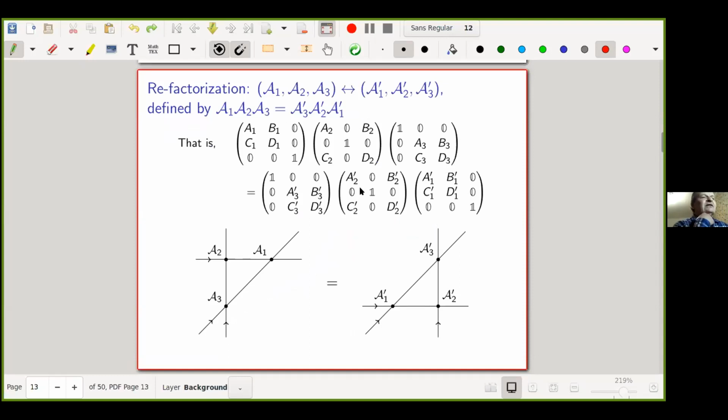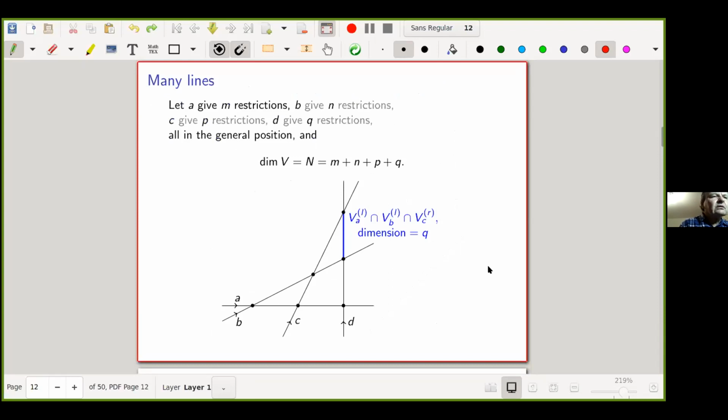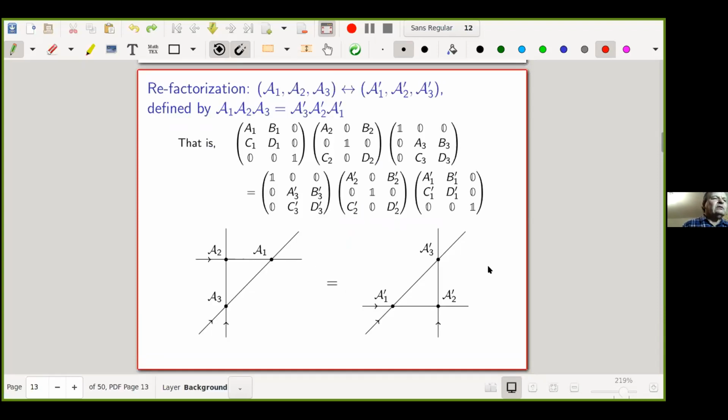Now consider such a refactorization problem. Let you have block matrices like here. Never mind what those are.